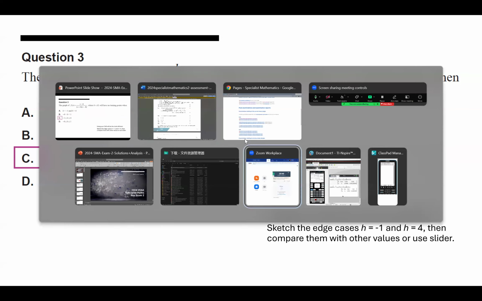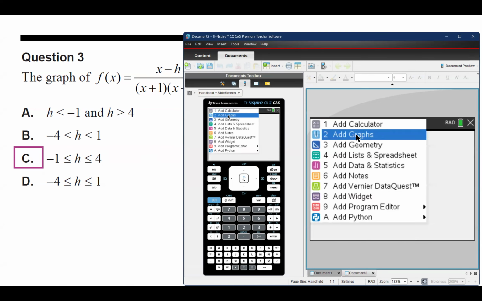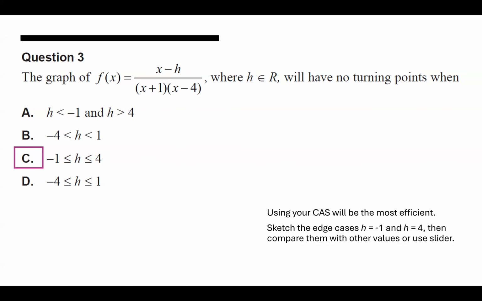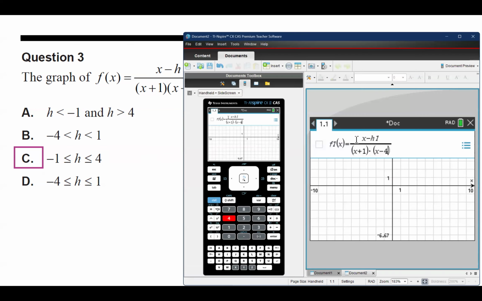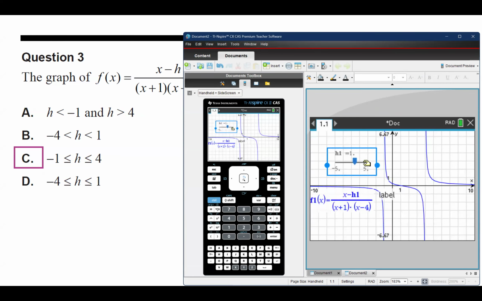If I look at my CAS calculator, I'm inserting another handheld page, let's say a graph. Let's use (x minus h1) divided by (x plus 1)(x minus 4). You can create a slider for h1. Now you see, when h equals 1, this looks like a point of inflection rather than a stationary point.